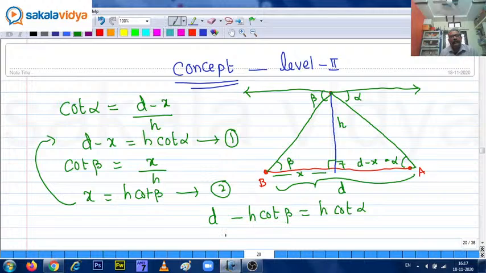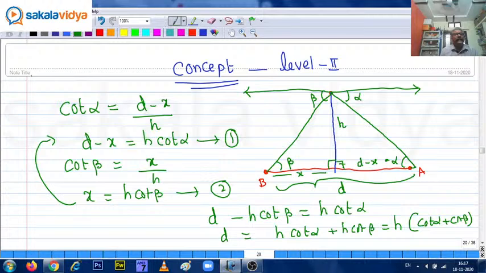We need the h value. So d is equal to h cot alpha plus h cot beta. Take h common. So we get h times cot alpha plus cot beta. Now h is given by d upon cot beta plus cot alpha. This is the shortcut.